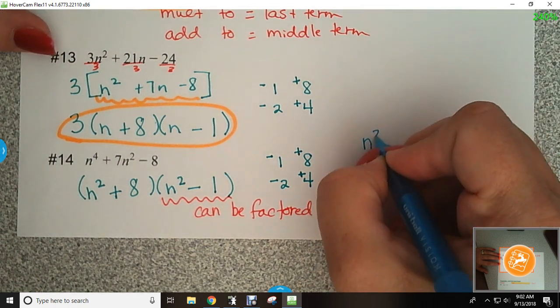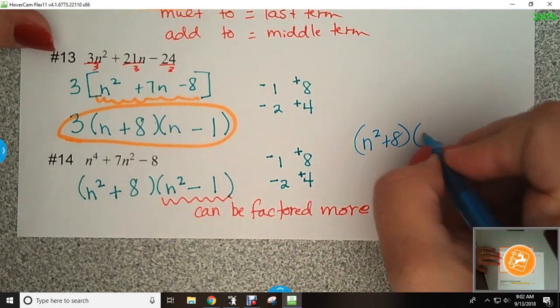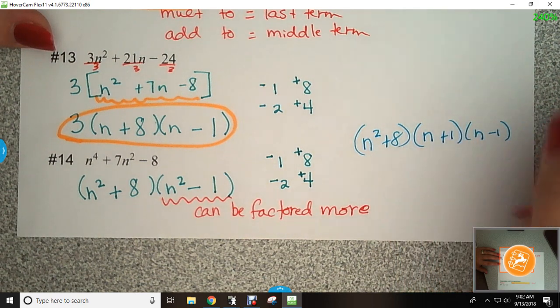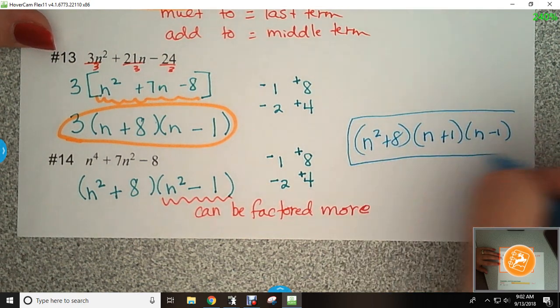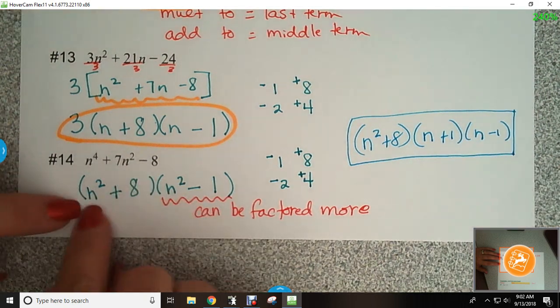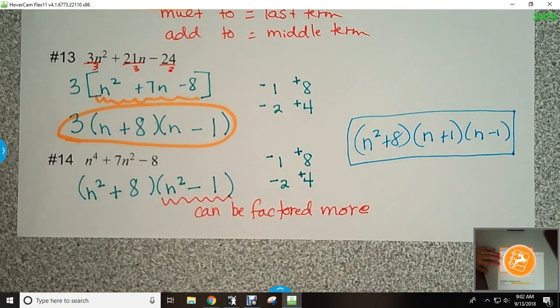So the n squared plus 8 will stay. The n squared minus 1 factors into n plus 1 times n minus 1. This is the completely factored answer. This is the answer we'll settle for right now until we finish the rest of the factoring notes.